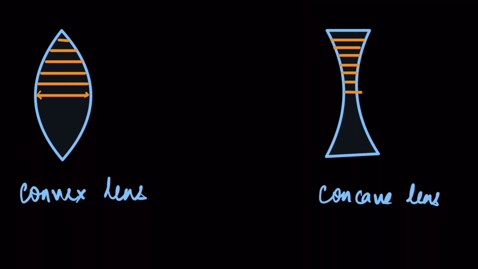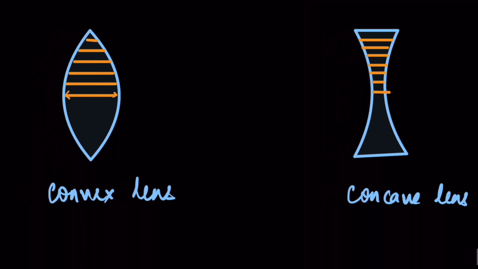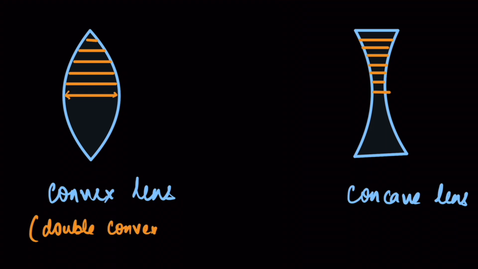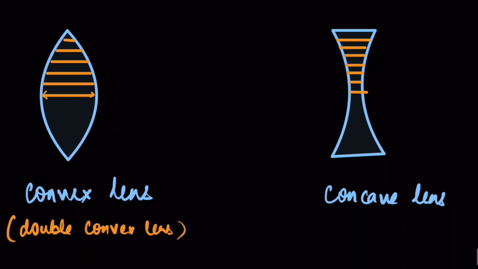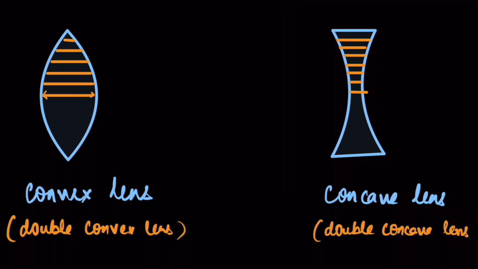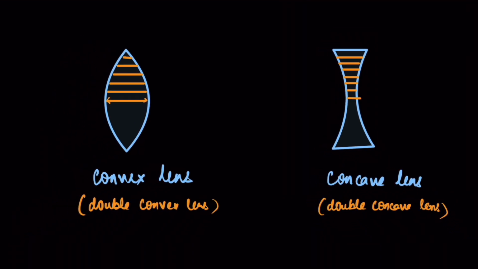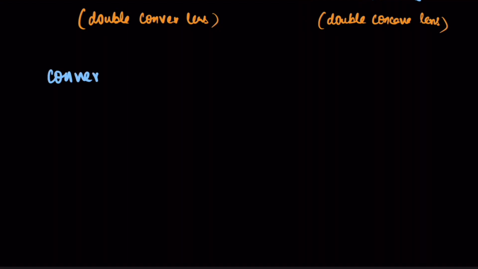So that's why convex lens is bulging outward. You can say convex lens or double convex lens. Both are similar thing because on both sides we are using a convex surface. Similarly, this is double concave lens. So let's talk about both of the lenses. Convex lenses are bulging outward.